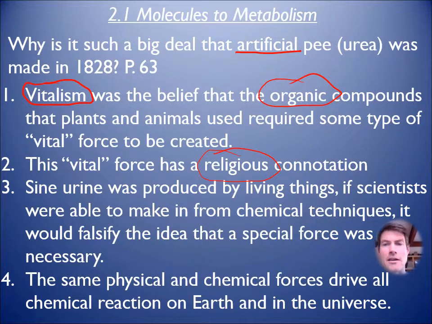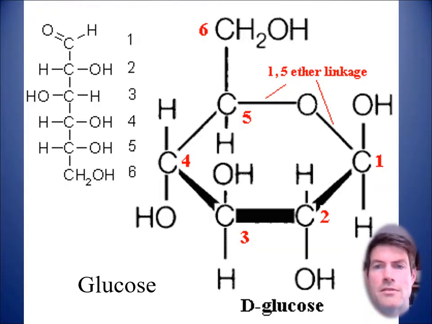But by taking raw, basic chemicals, they were able to make pee in the lab, and then they were able to say, hey, these complex organic molecules are governed by all the physical and chemical properties that we're now beginning to understand more, and we can explain it. So that kind of got organic chemistry started. It's like the birth of organic chemistry. Really started being able to manufacture these molecules.